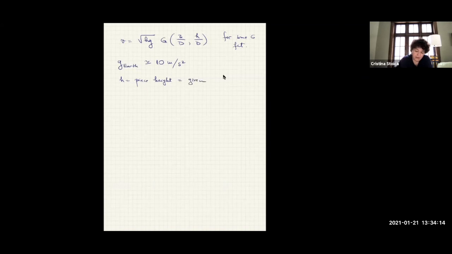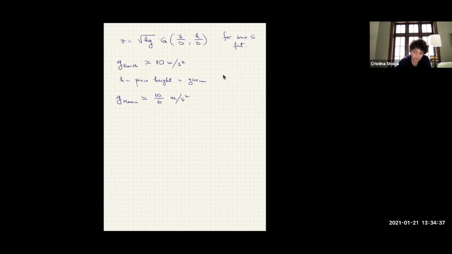Now the acceleration of gravity on the moon is about 6 times smaller than on the Earth, so it's basically 10 over 6 meters per second squared.